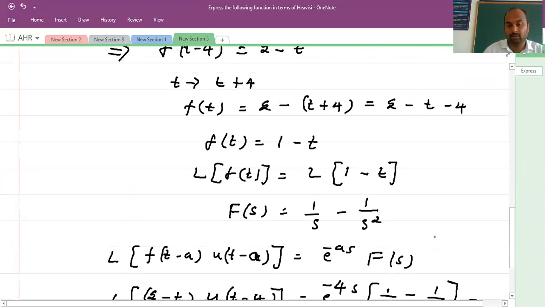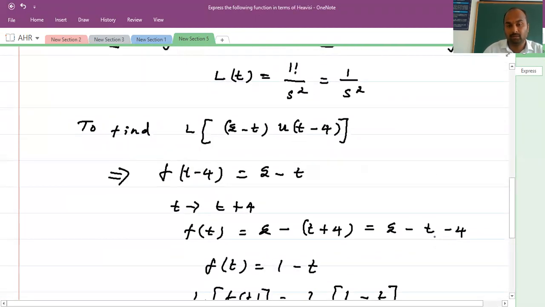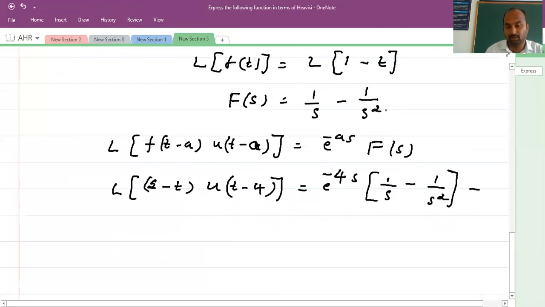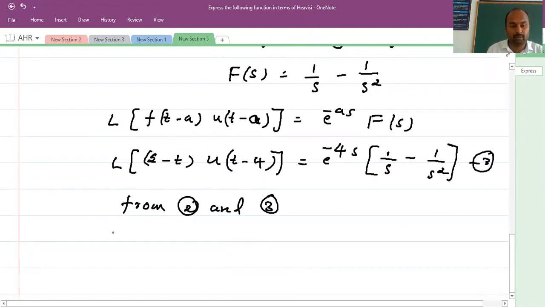Call this equation 3, and the earlier one equation 2. So from equations 2 and 3 we get the Laplace transform of the given function.